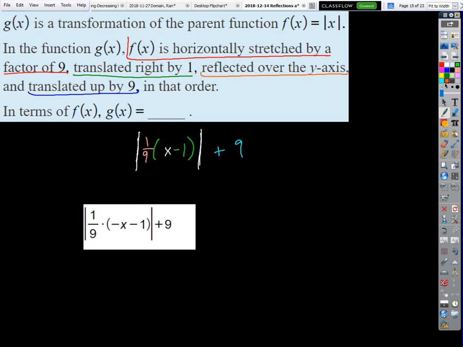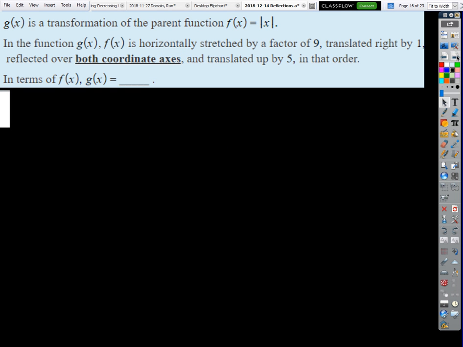Okay, so where does that have to go then? If we're flipping over the y-axis, that's a horizontal transformation, so we're multiplying the x variable by -1. Right? Okay, make sense? That's a lot. Try that one. You got your notebooks. Just try this real quick. Try this on your own.